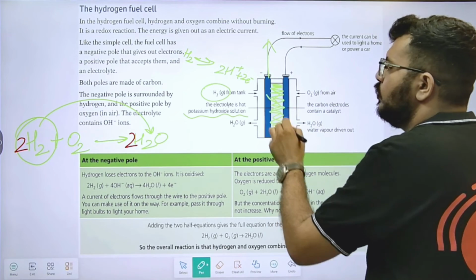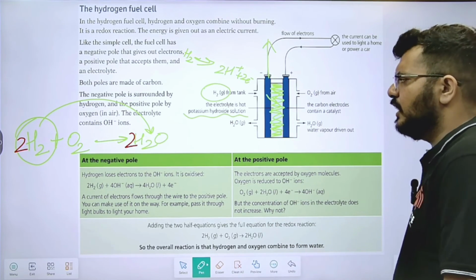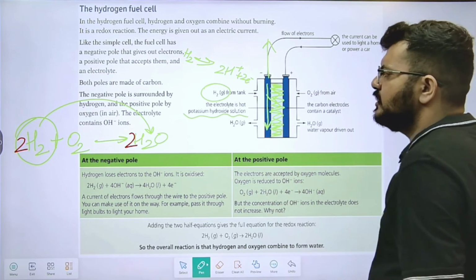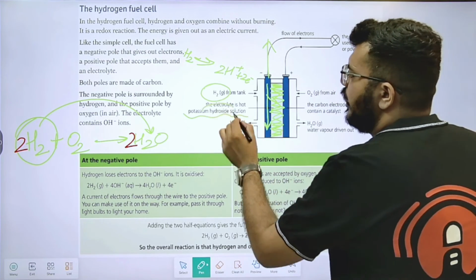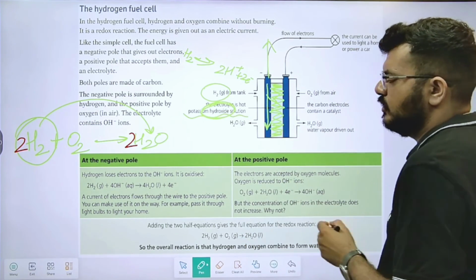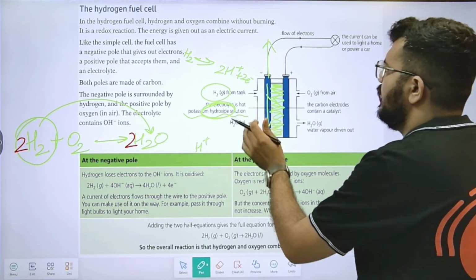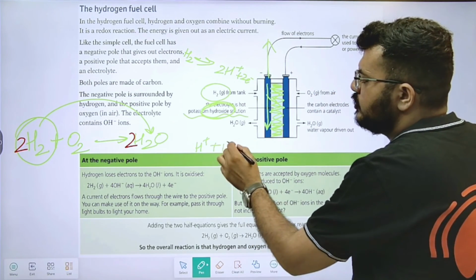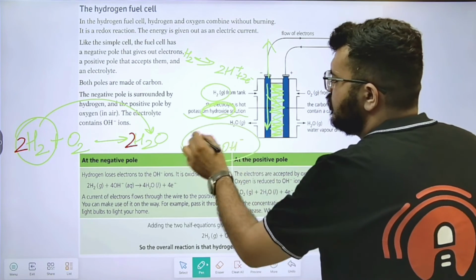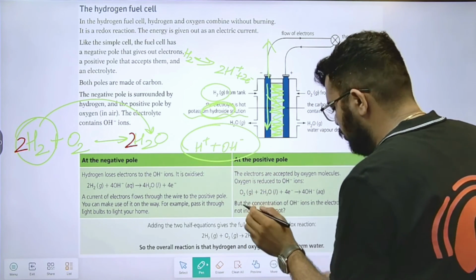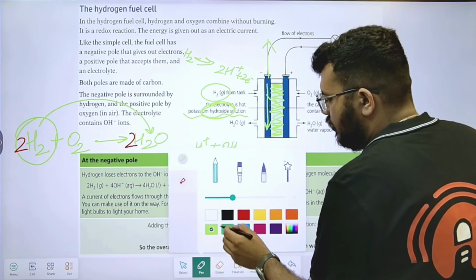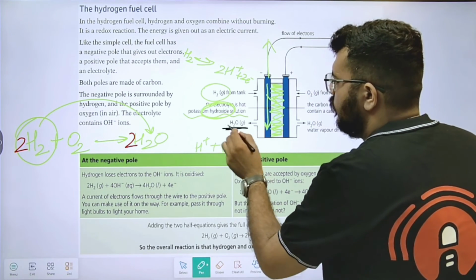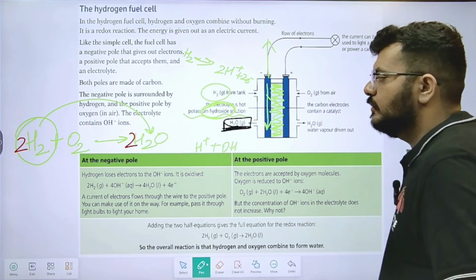H plus stays in this electrode and it gains OH minus from the potassium hydroxide. So H plus, having given off electrons, gets OH minus. So what will happen? This will become water. So your output, if you see, is water here, right?